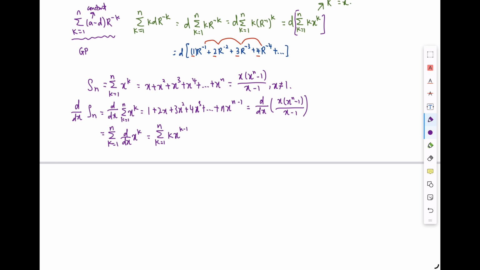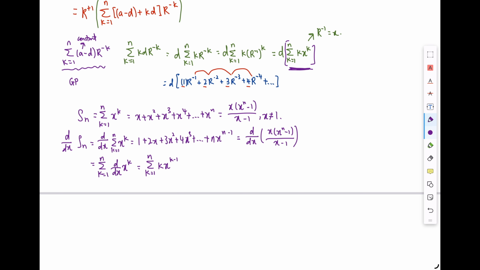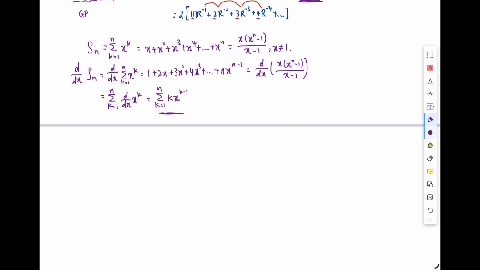So what this tells me is that if I want to get this series, I just need to multiply x to this, which then tells us the summation of k equals 1 of kx^k is equal to x times this series, which is going to be the same as x multiplied to the differential of this.